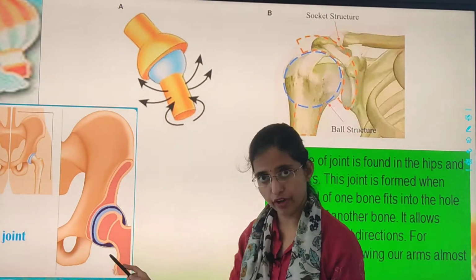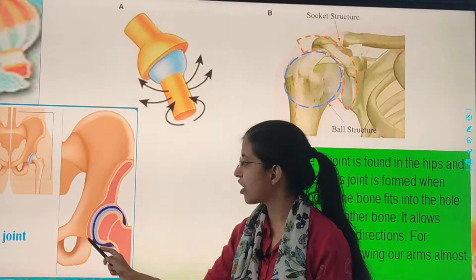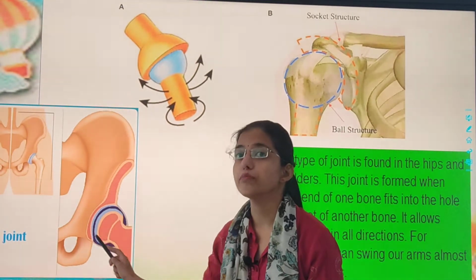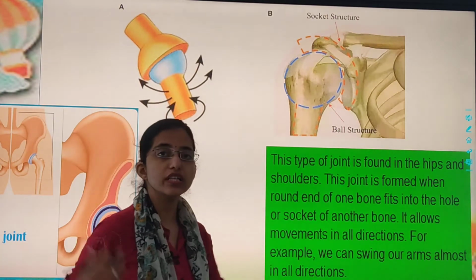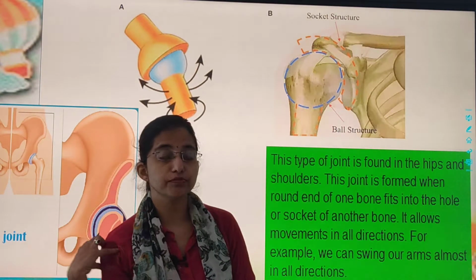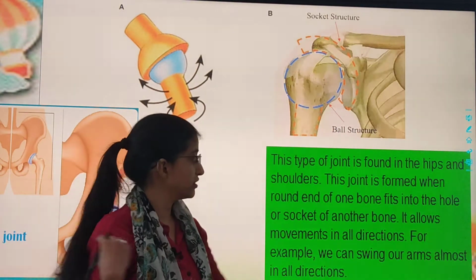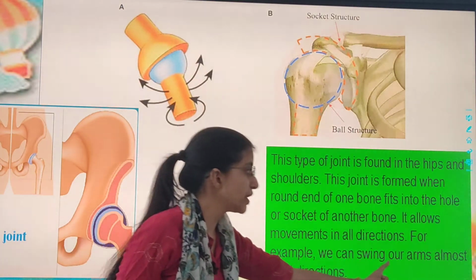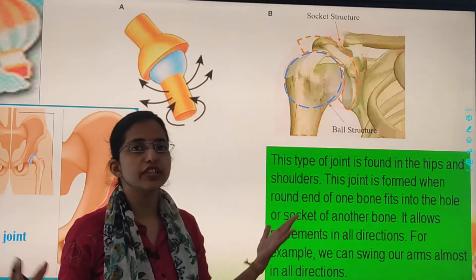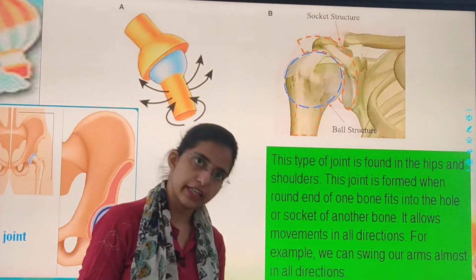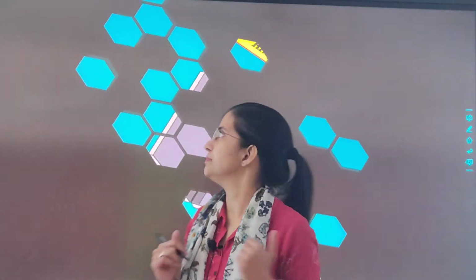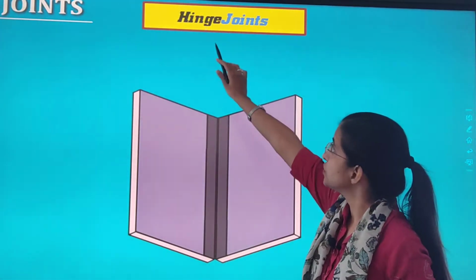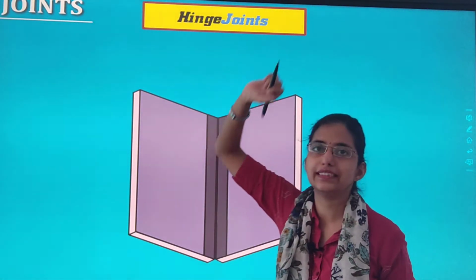It allows movement in all directions. For example, we can swing our arms almost in all directions. Clear? Very easy to remember.